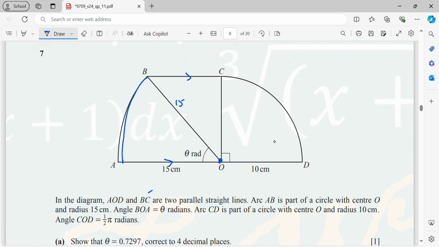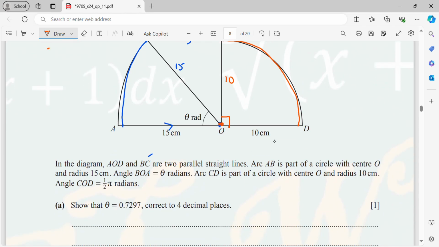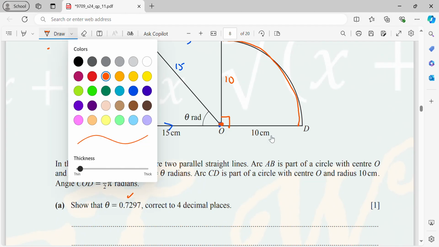Arc CD is part of a circle with center O and radius 10. That means here is 10. Angle COD is half pi. Now A: show that theta is 0.7297 correct to 4 decimal places.